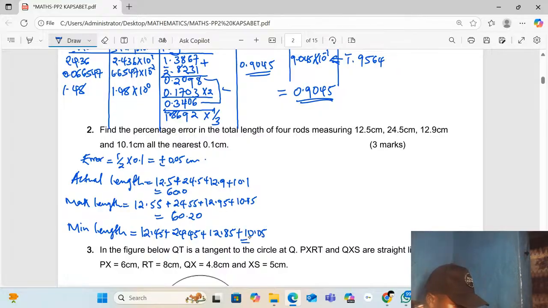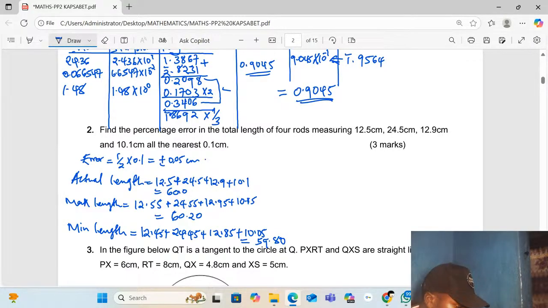Now the total becomes 59.80. So that is the answer. Sorry, the answer for the minimum, maximum, and actual length.